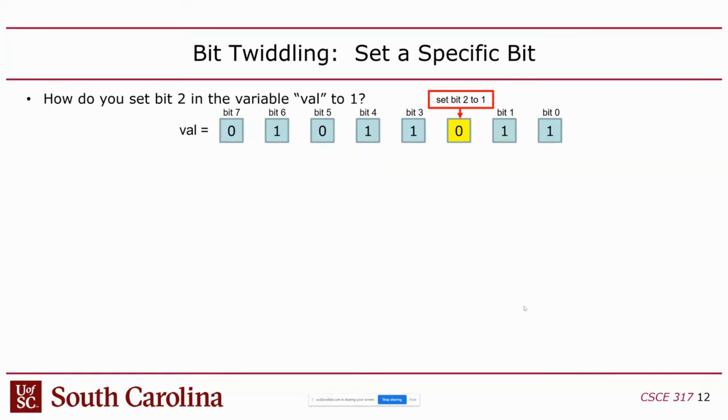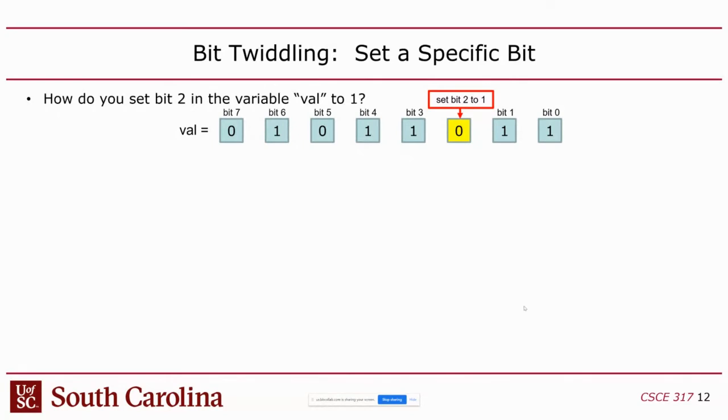So in this example, let's say you have a variable called val. For now, just assume it's a variable, not a control register or status register, I/O register. So we have a variable called val, and it's got 8 bits, and the bits are numbered from 0 to 7 from right to left. You should be comfortable with that from 211 and 212.